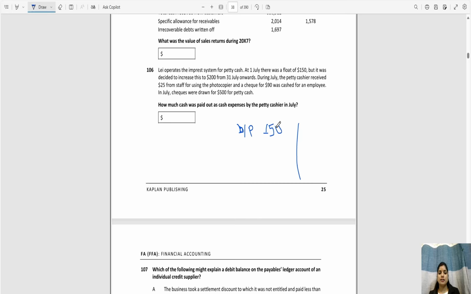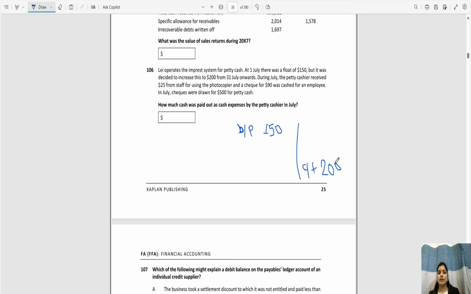But it was decided to increase this to 200 from 31st July onward, meaning by the start of next month the float will be 200 instead of 150. So we can say it's the closing or carry forward balance of 200.